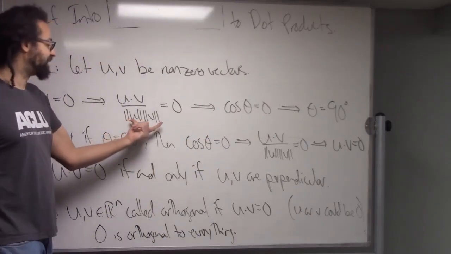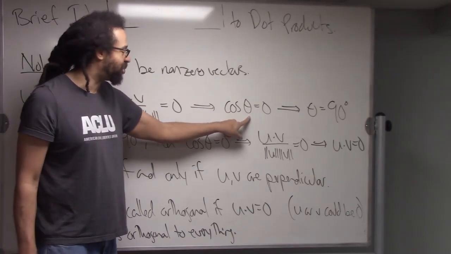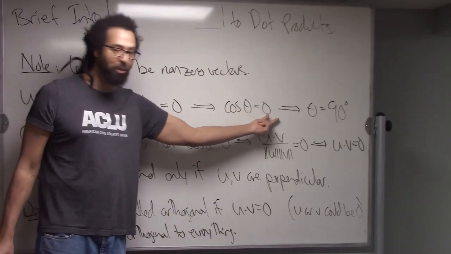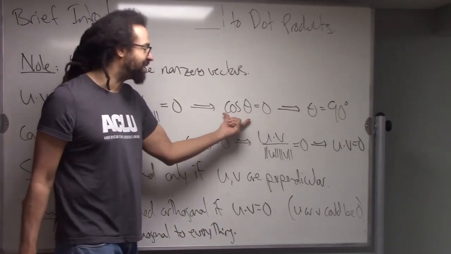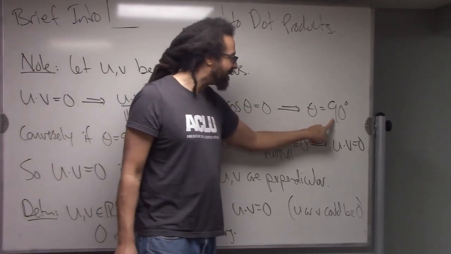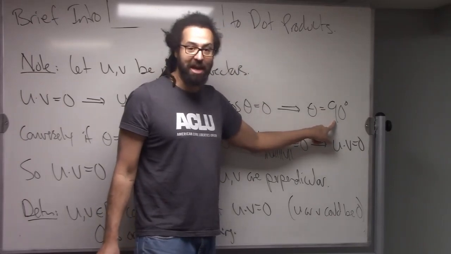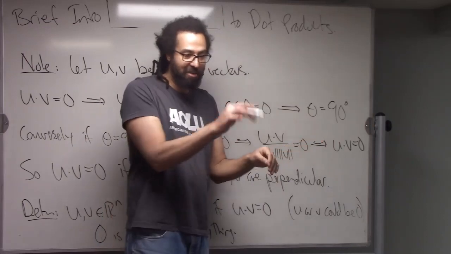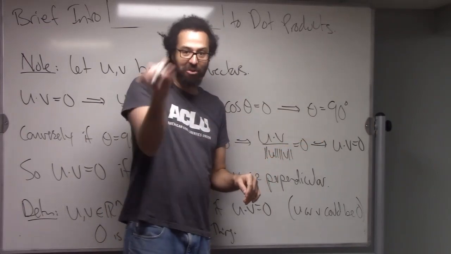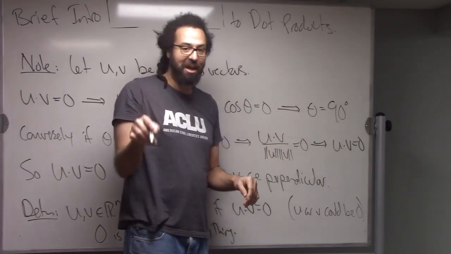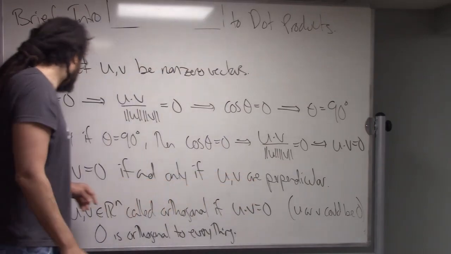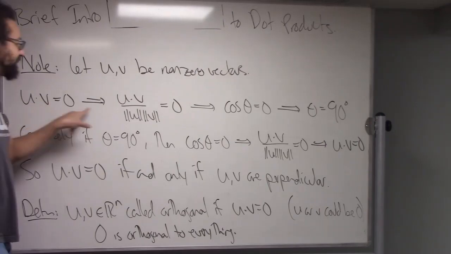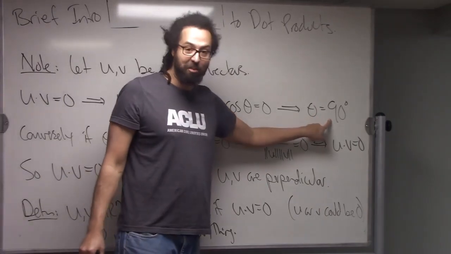Theta is the angle between the vectors, and now we know that the cosine of theta must be equal to 0. Well, when is the cosine of theta equal to 0? Exactly when theta is equal to 90 degrees. Or theta could be 270, but we don't care about stuff on the lower half of the circle. We only care about stuff on the upper half of the circle. So, if the dot product is 0, then the angle between them must be 90.